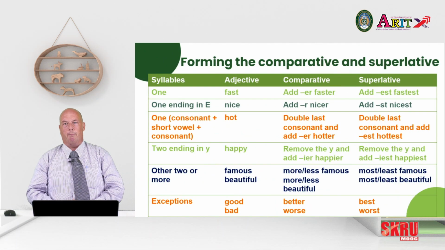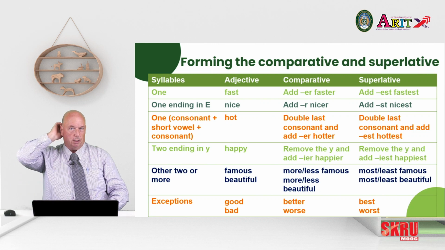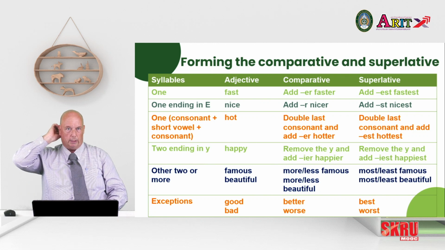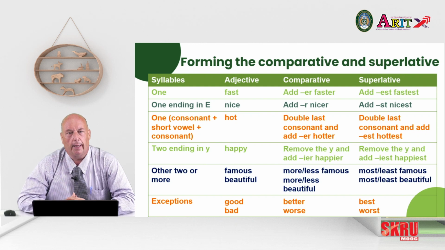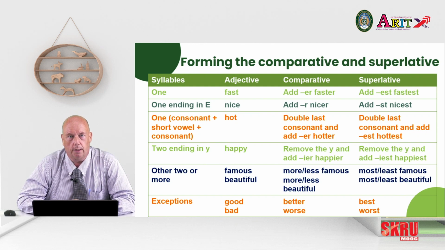When we want to form the comparative and superlative, there's a few rules that are worth knowing. It's really down to the number of syllables in the adjective we're forming a comparative or superlative for. Syllables are the spoken sounds that make up the words. So if when you say a word there is one spoken sound, then it's one syllable. Two sounds, two syllables.